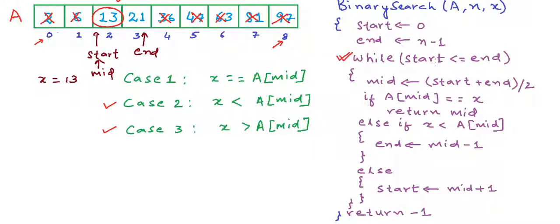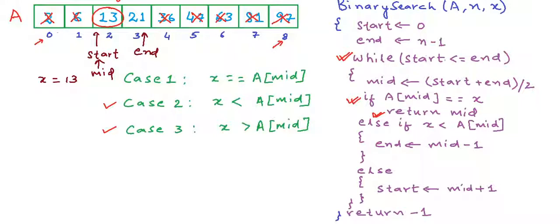Now why this while statement here with a condition start less than or equal to end? What we are basically doing in our algorithm is that we are reducing our search space recursively by adjusting the start and the end pointer. Now there must be an exit condition to our recursion. The exit condition can be either we find the element in the array, so we return and exit, or we exhaust the whole search space.